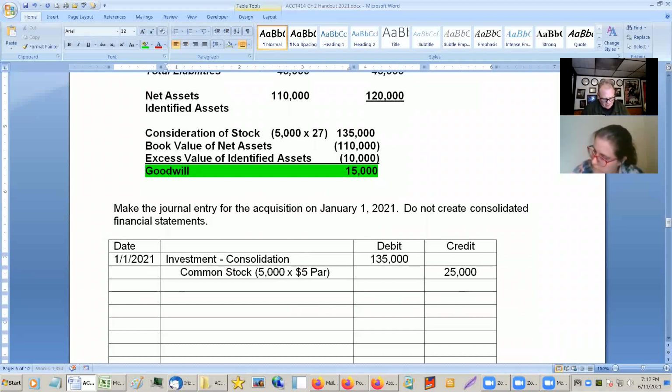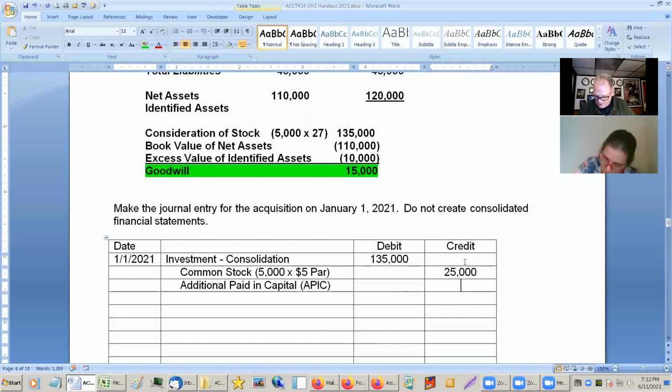And additional paid in capital. There's two ways you can do it. Additional paid in capital is what was paid in excess of par value. By the way, you see this identified as APIC, and I've seen registered financial statements that call it APIC.